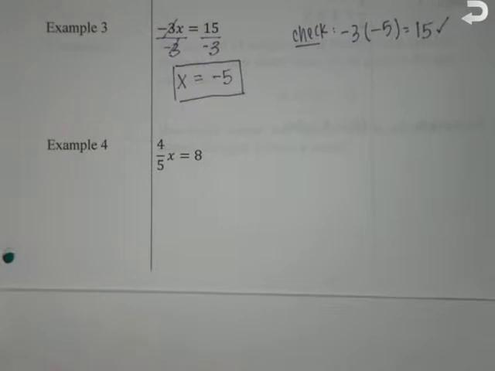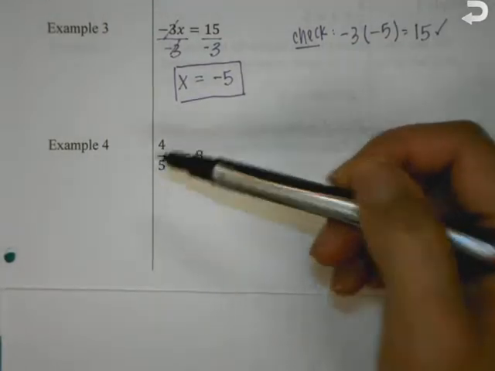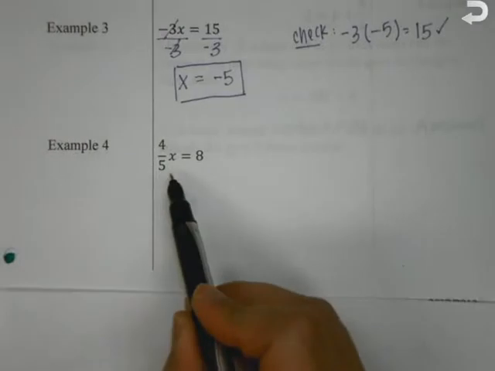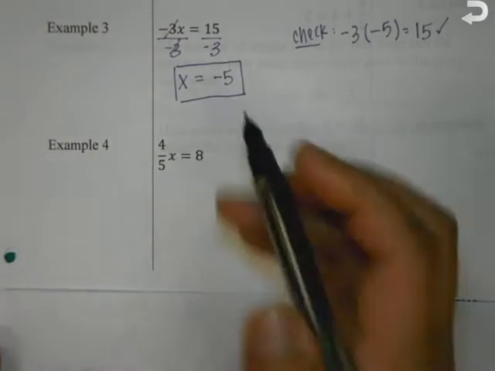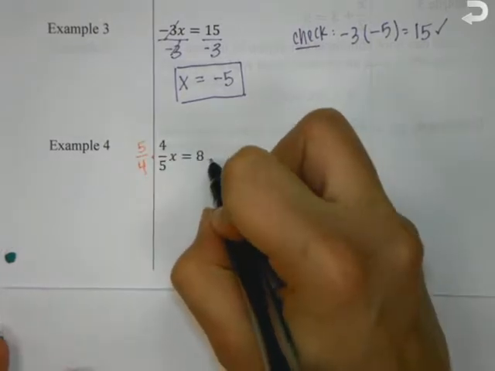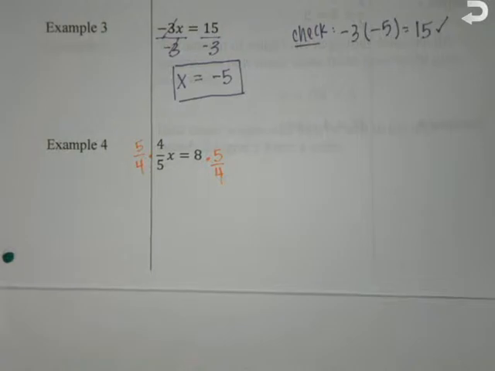The reciprocal. So when you have a fraction, what we want to do is multiply by the reciprocal. What's the reciprocal here? 5 over 4. So multiply both sides by 5 over 4. Okay, and then let's think about it.